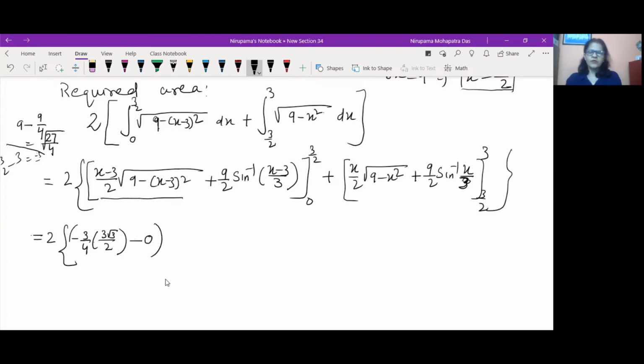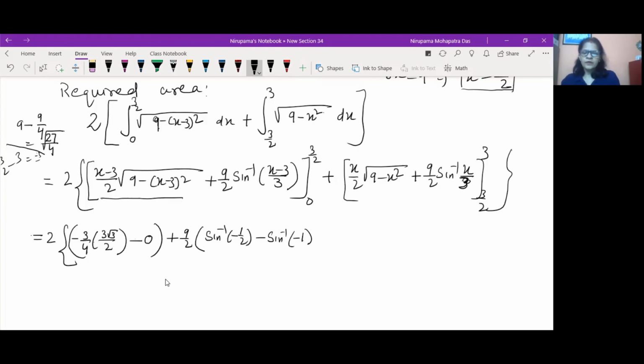Upper limit minus lower limit for the first term. Plus 9 by 2. Now sine inverse. Sine inverse 3 by 2 minus 3, that is your minus 3 by 2. Minus 3 by 2 by 3, that is you are getting minus half. Minus lower limit is 0. So sine inverse minus 1 by 2.